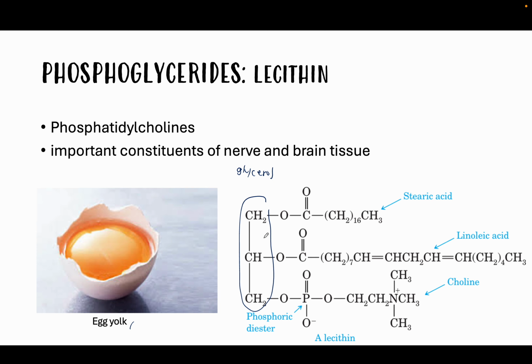The first fatty acid is saturated, for carbon number 2 you have unsaturated, and for carbon number 3 you have the phosphate group and the amino alcohol. Choline is an amino alcohol. So this whole structure is lecithin.